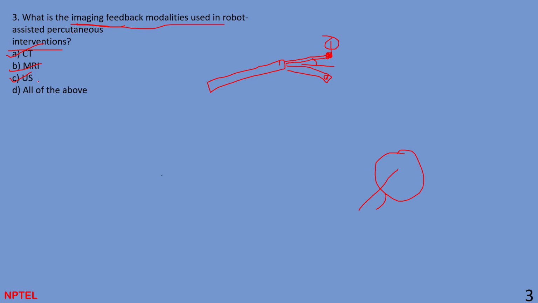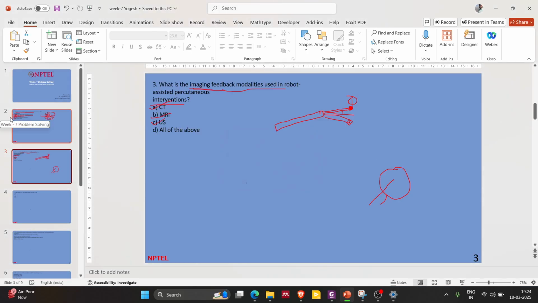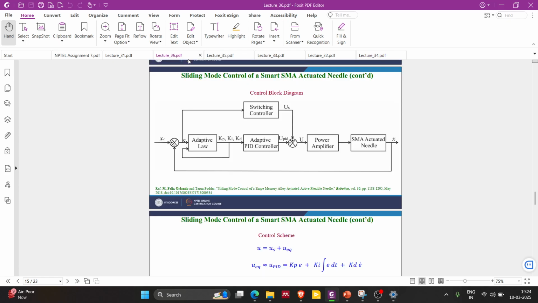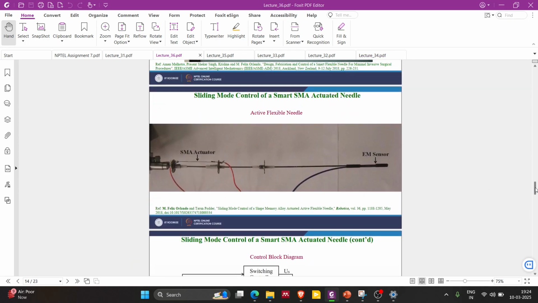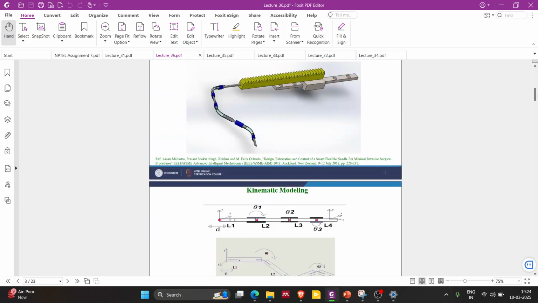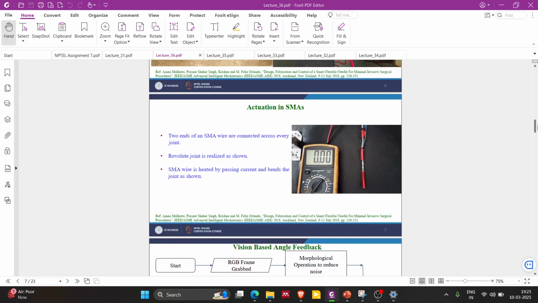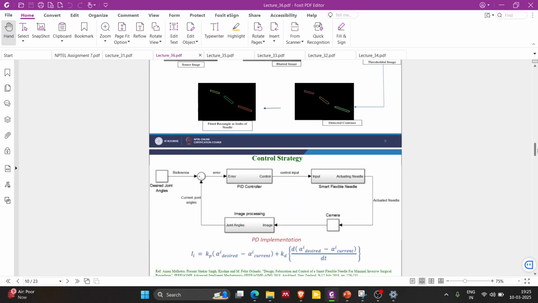Okay, so to get the answer to this kind of question, you need to go to the lectures. So let's look into lecture 36, which is I think the last lecture this week. This is design 2, and they talked about the actuation.